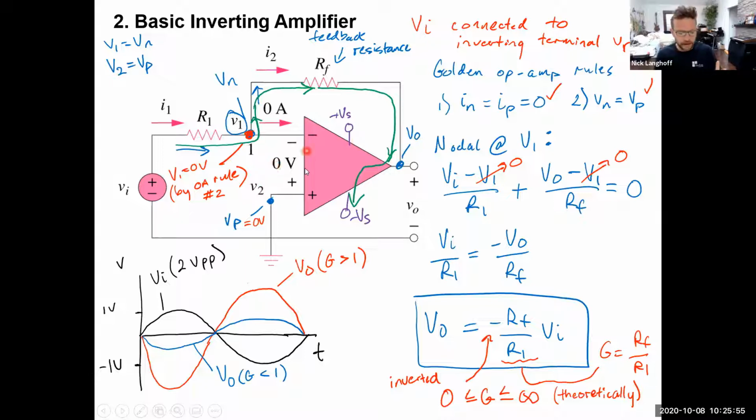Now, take a look at the red line here on V out. At this point here, if V out is negative, that means that the device is sinking current, right? This would be like +1 volt here, and we're going to get, let's say, a -1 volt there. When that's happening, this is sinking current.